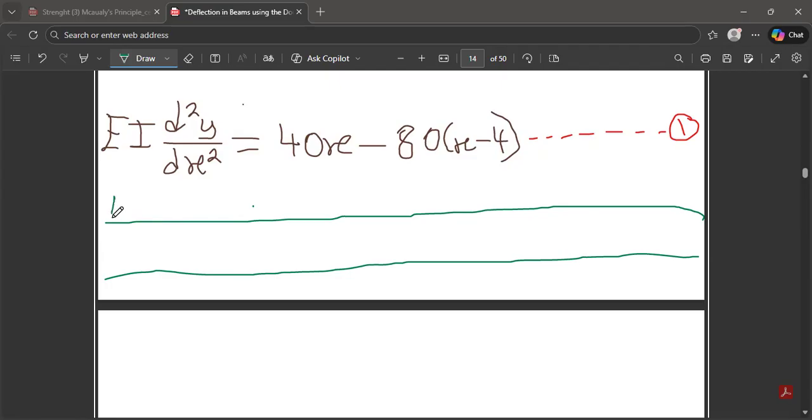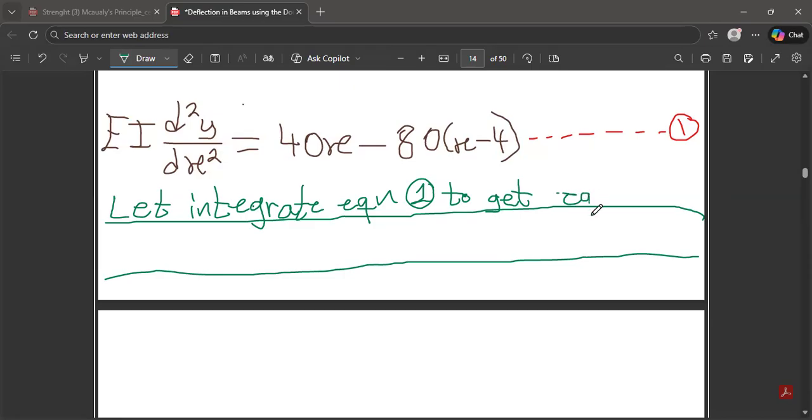So we say that let's integrate equation 1 to get equation 2.